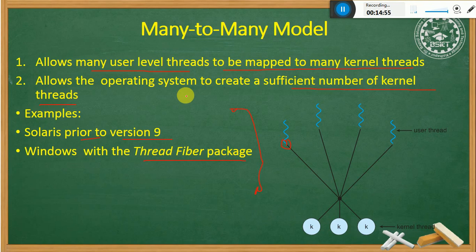You can add two advantages and two disadvantages in this answer also. Generally it is asked for 4 marks, so there is no need to add advantages and disadvantages. If it is asked for 6 marks, then you must write the advantages and disadvantages of every individual model. So this is the multi-threading approach.